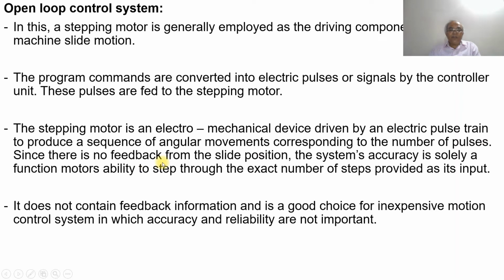Since there is no feedback from the slide motion position, the system's accuracy is solely a function of the motor's ability to step through the exact number of steps provided as its input.